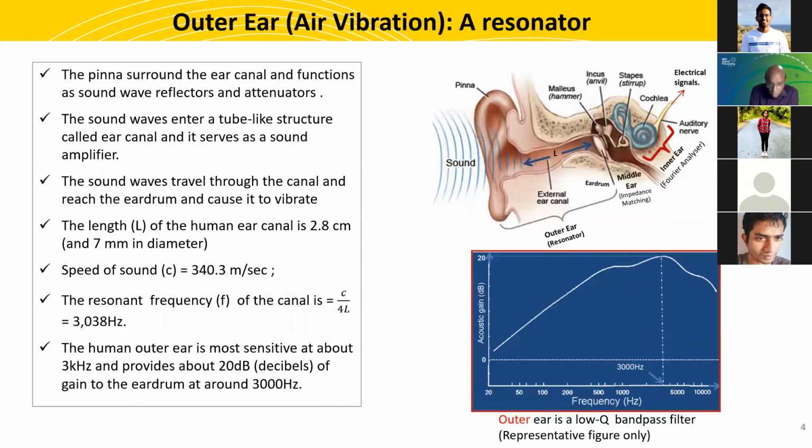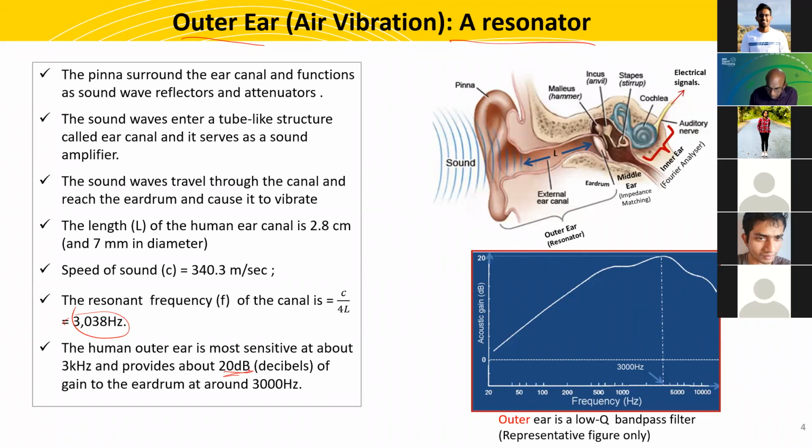Let's move on. I'm now going to go one at a time. Outer ear, which is a resonator. What do you mean by a resonator? If you look at the outer ear, and I've done the calculation here just to show you, it has a resonant frequency around 3 kilohertz, and it provides about 20 dB gain.